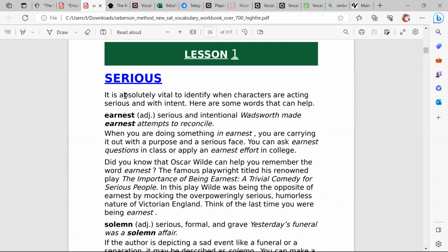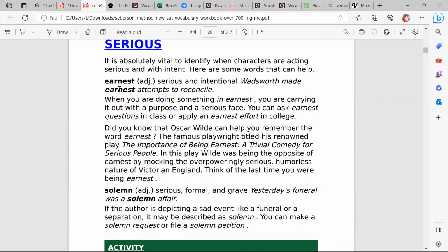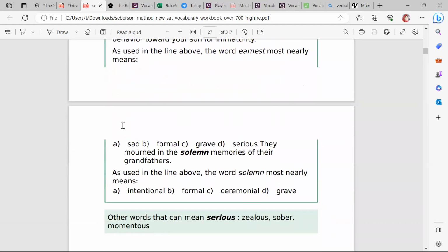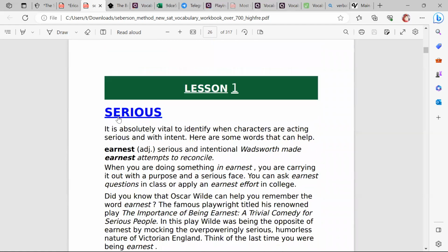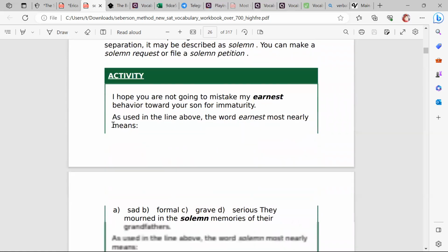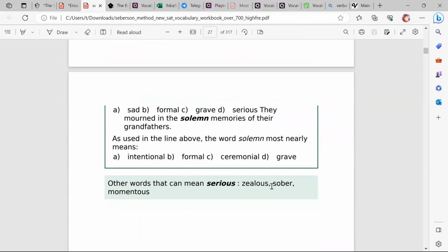Under this title, you will find the words that are shown on the standardized tests and mean serious. For example, the word serious can appear on the test with synonyms like earnest, solemn, zealous, sober, momentous.